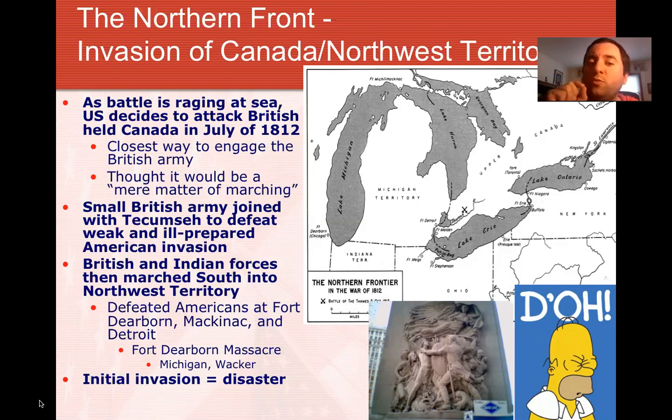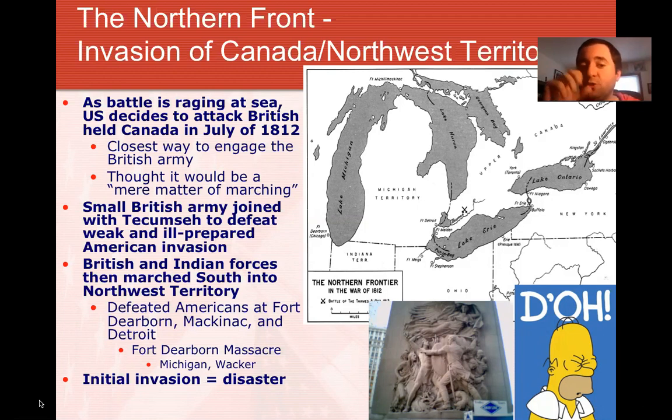It's the closest way to engage the British Army. And notice what it says here. They thought it would be a mere match of marching. A mere match of marching. So, a small British army joined with Tecumseh to defeat a weak and ill-prepared American invasion. Okay? You may know the name Tecumseh from before, right? Native Americans have played a role before.